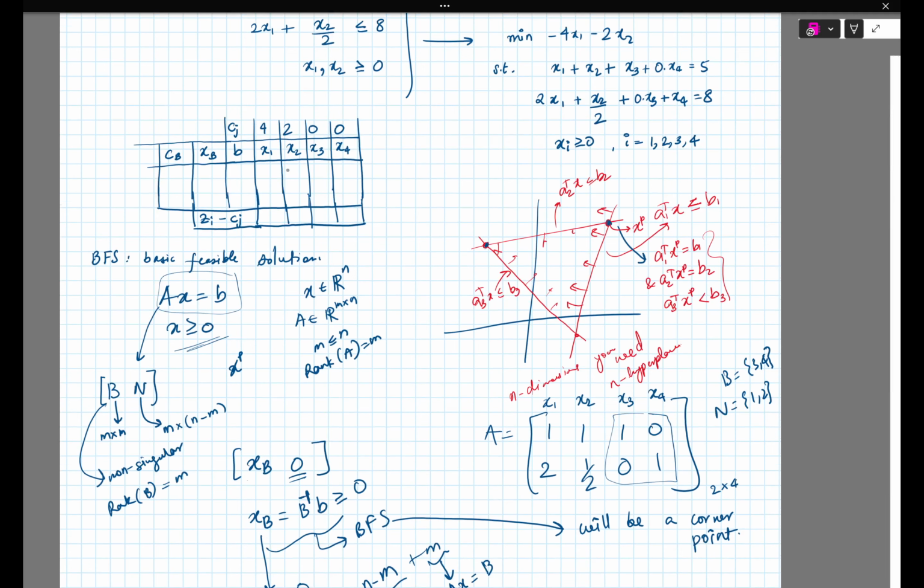So if you recall what needs to be entered in these rows, here you have the coefficients, what you have here basically 1 1 1 0, 2 1 by 2 0 1, and b is 5 8, which is basically this, and xb will be your basic variables which correspond to the non-singular submatrix.